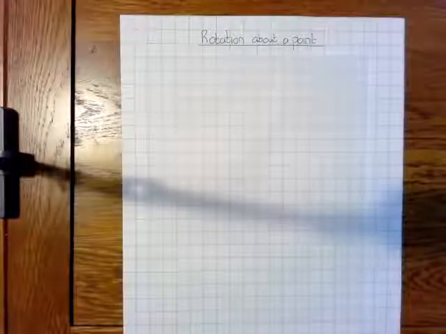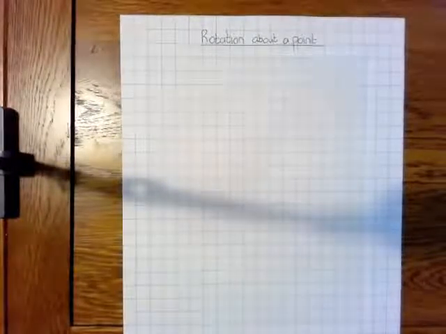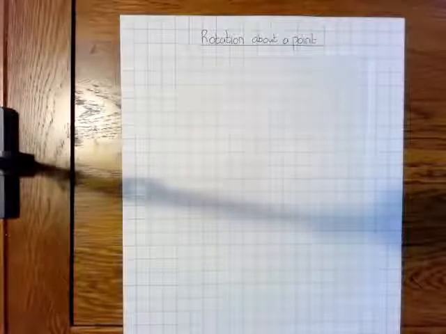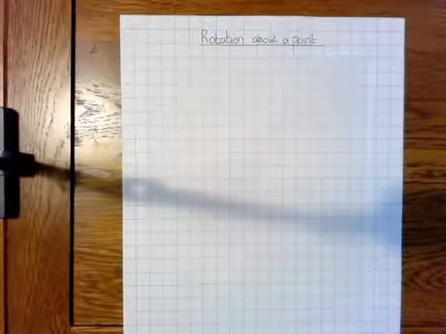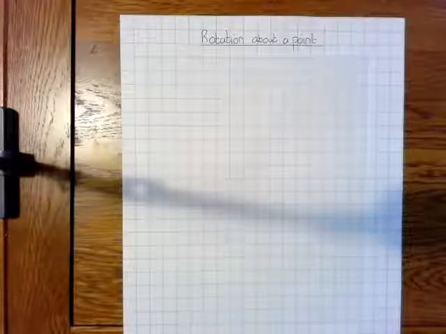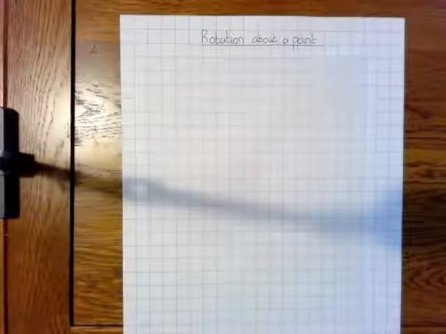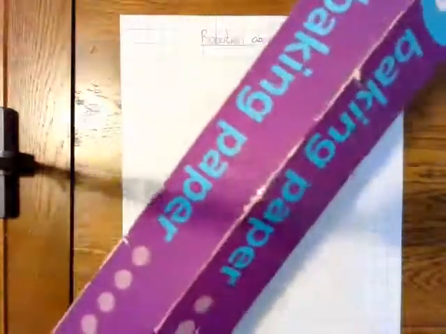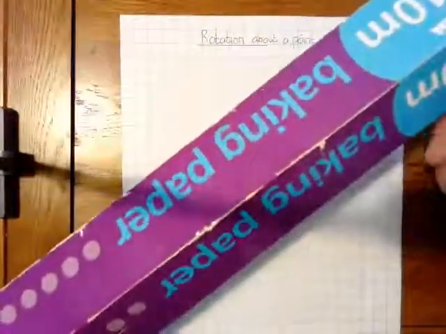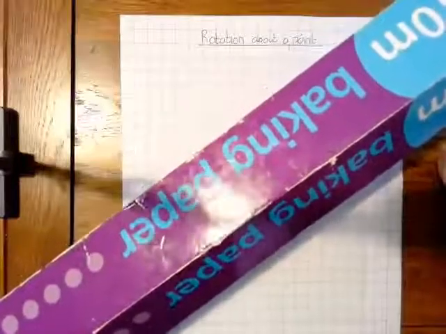Well, I'm just getting up, going over to a cupboard, bringing out from the cupboard some of this. Baking paper. Now, you may not have any baking paper in your house, so you might have to try and find some other substitute.